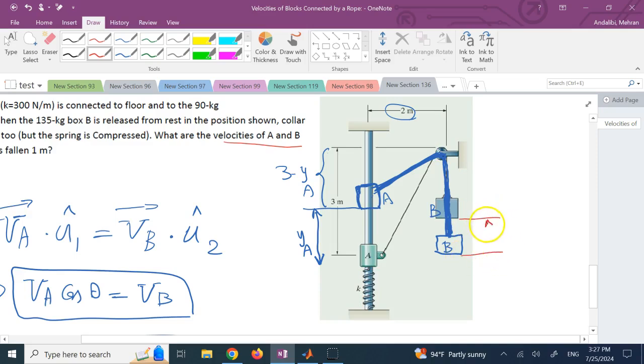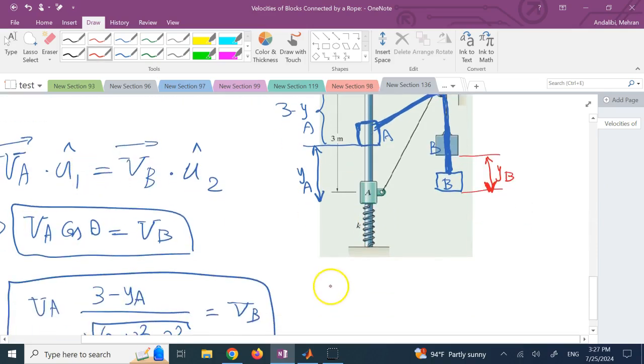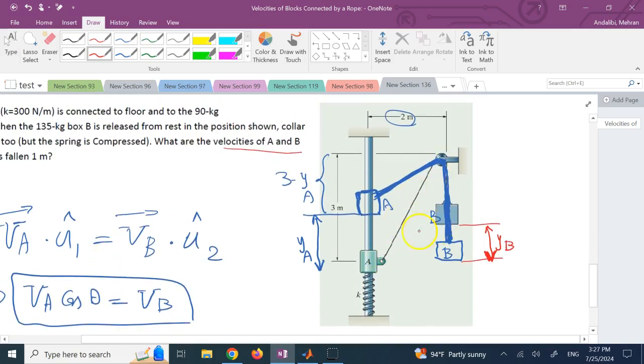This is Y of B. So it goes down by distance Y of B, A goes up by distance Y of A, assuming that B is quite a bit heavier than A here. Now I say the total length of the rope in situation 1, which is this black one, is equal to this hypotenuse plus something around the pulley plus this distance from here to here.